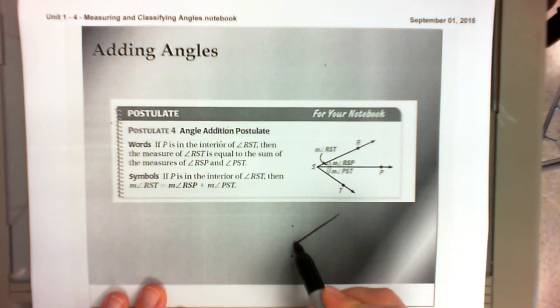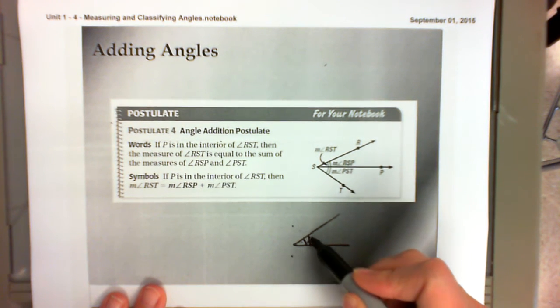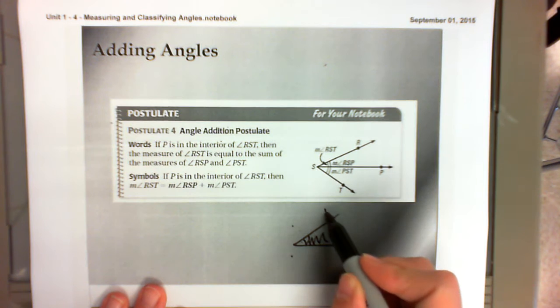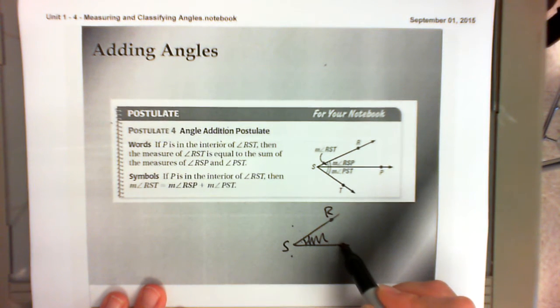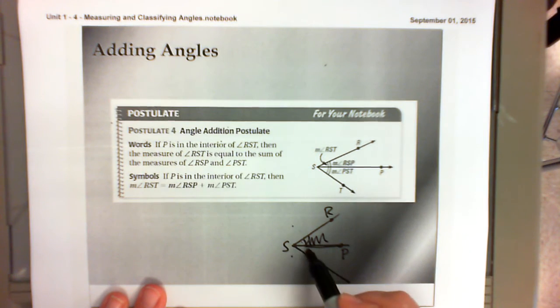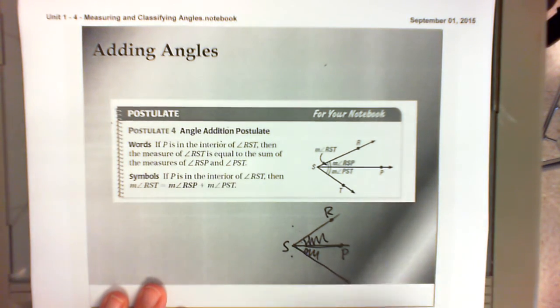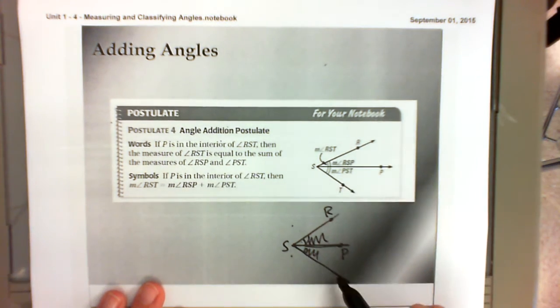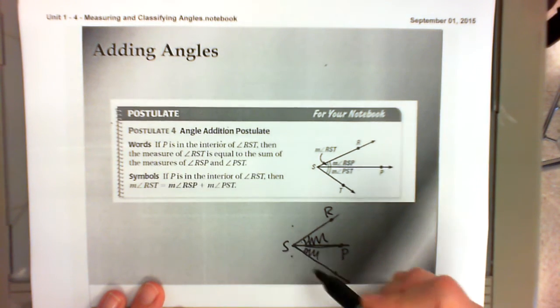So RSP is this inner part here, and PST is this inner part here. So we have two acute angles that make the bigger RST.